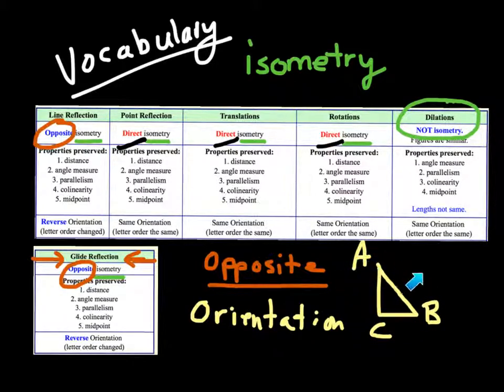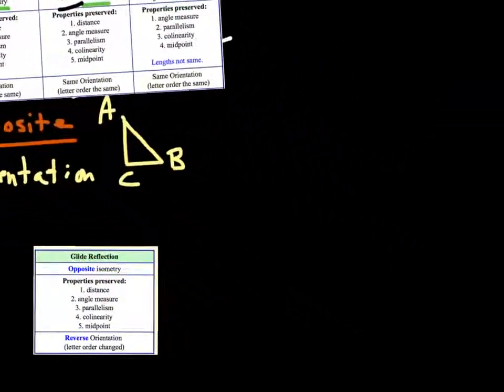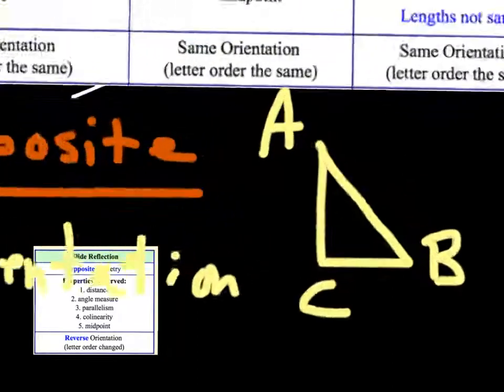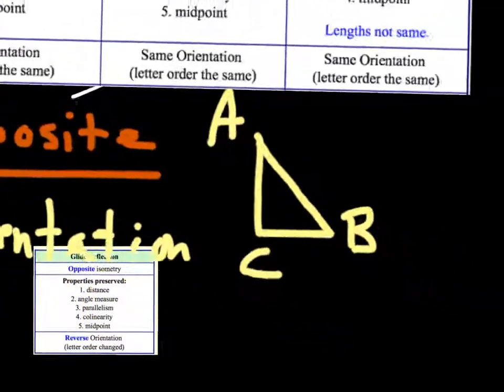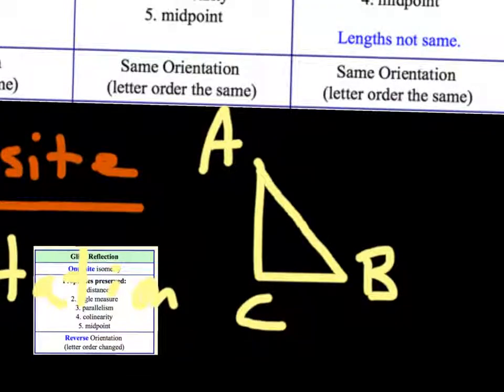As I go around to the right, it's ABC, A to B to C. I can take this picture and I can slide it or do a translation, and still the order remains the same, ABC. I can take this and I can dilate the triangle. Again, I still have A to B to C as my order. So the orientation is staying the same for a translation and a dilation.